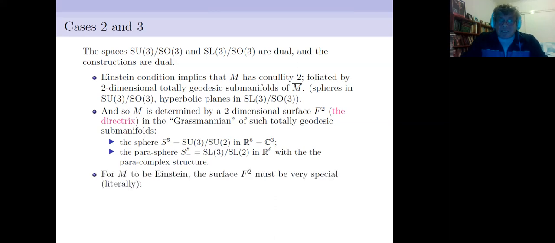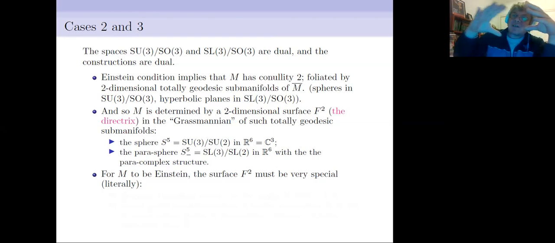And what do we do next? So we need a 4-dimensional hypersurface. We know that it is foliated by 2-dimensional spheres, and these 2-dimensional spheres are parametrized by points of this Grassmannian.